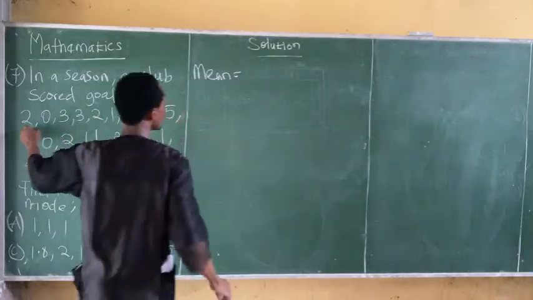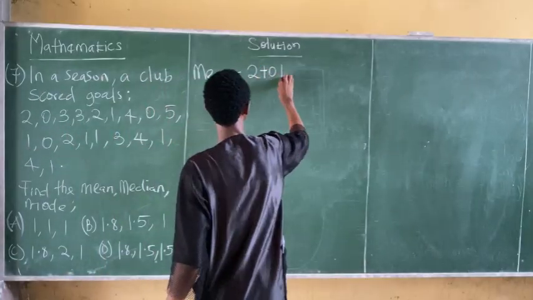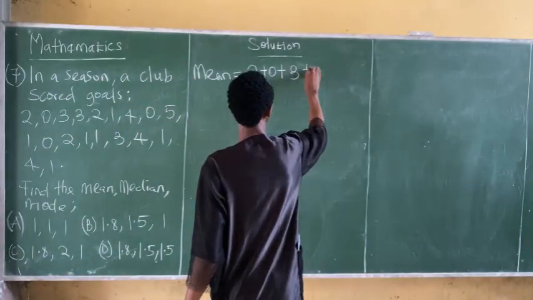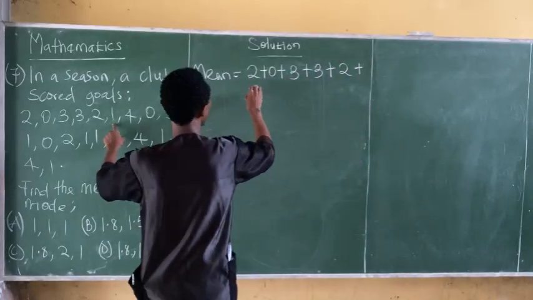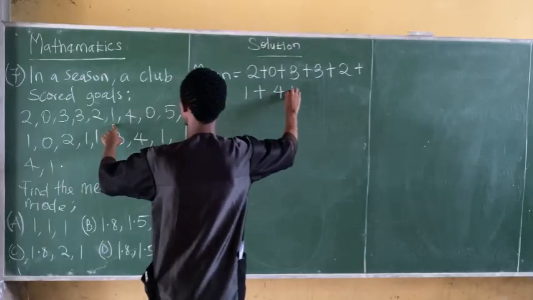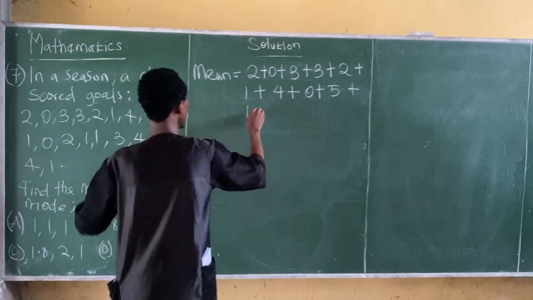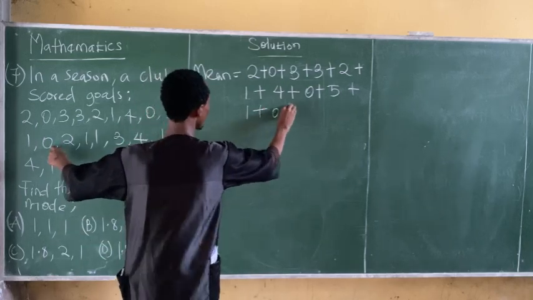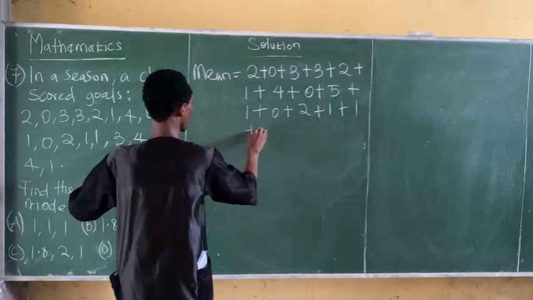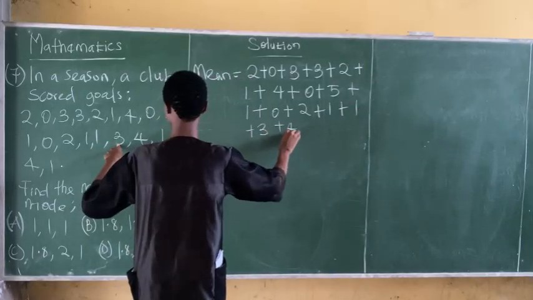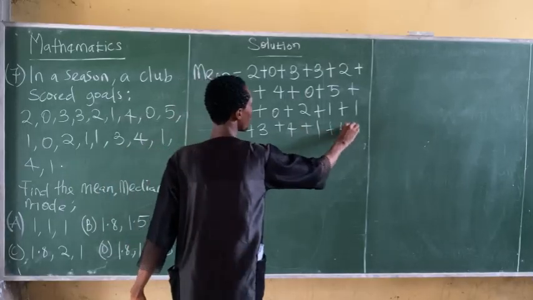So if we add these values together, we have 2 plus 0 plus 3 plus 3 plus 2 plus 1 plus 4 plus 0 plus 5 plus 1 again plus 0 plus 2 plus 1 plus 1 plus 3 plus 4 plus 1 plus 4.